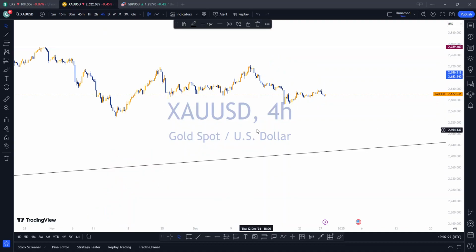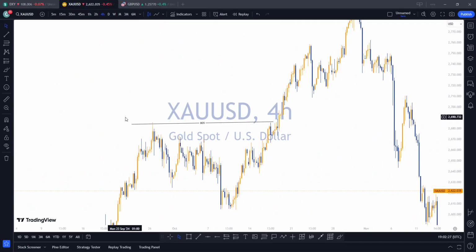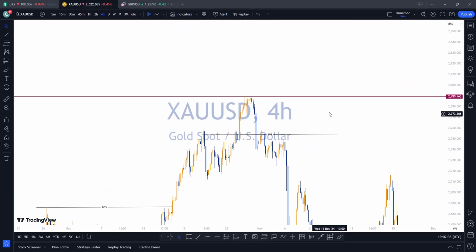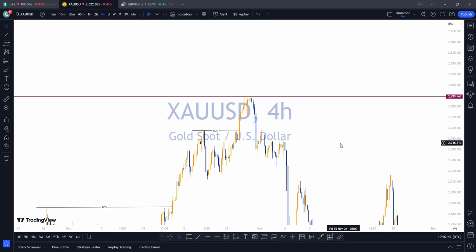So now let's go to my smaller time frame. Let's go to my 4 hour time frame and let's see how the market is, right? We can see we broke more structure. Let's go here. This is our last breakout structure we had before the market went to the downside, right?